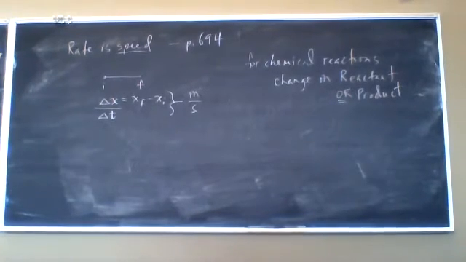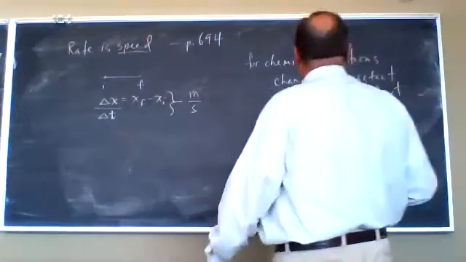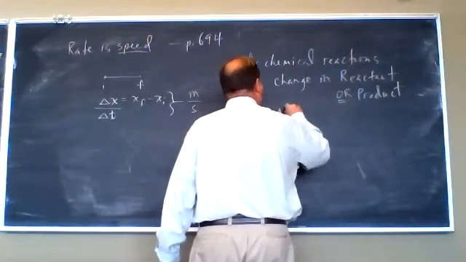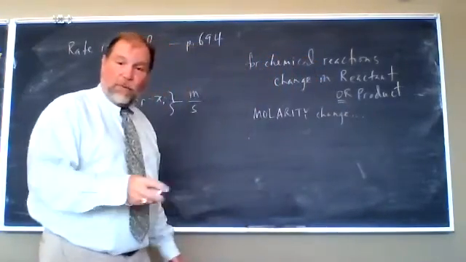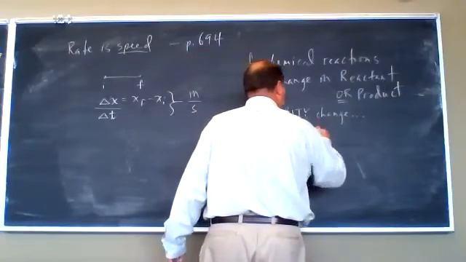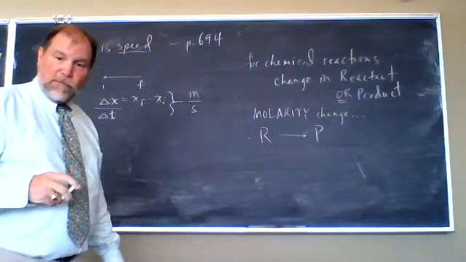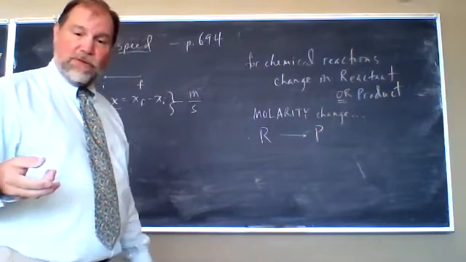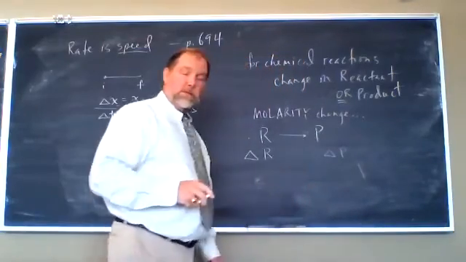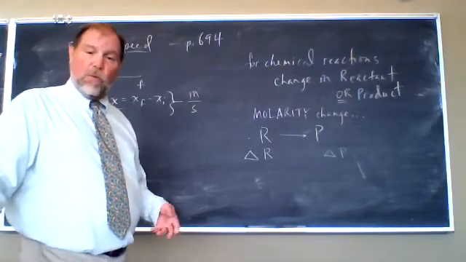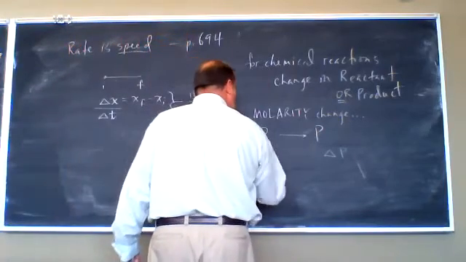And so most of these initial or original chemical reactions that we work with are going to be done in aqueous solution. So therefore, we can measure the rate of the molarity change. So if we have a chemical reaction where the reactant turns into product, and we can measure some sort of a molarity for these, we have our choice. We can measure the change in the reactant or the change in the product with time.